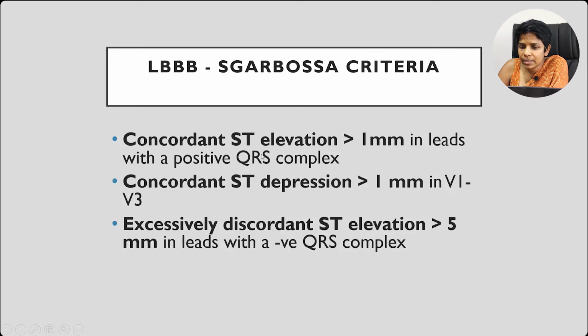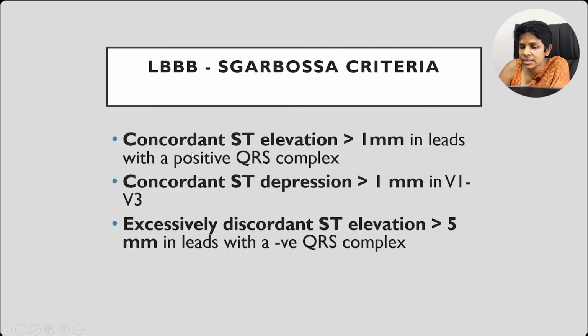elevations. I told you before, in LBBB, if the QRS complex is negative, the ST segment goes towards the opposite side, so the ST goes up in a normal LBBB. But in an MI situation, if the QRS is negative, the ST segment goes down, or ST depression occurs.